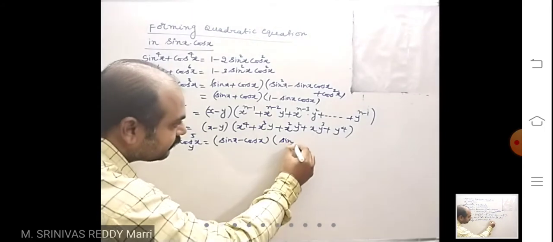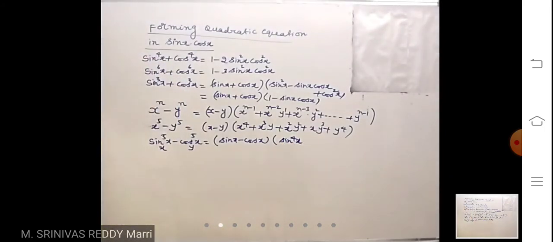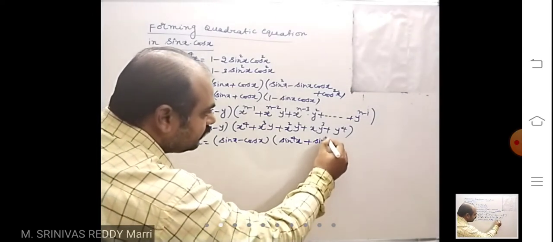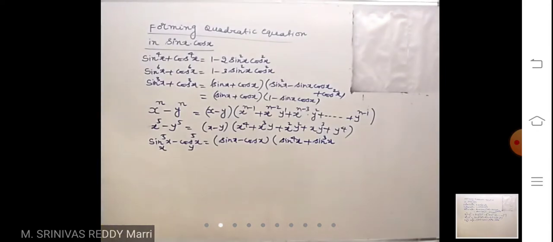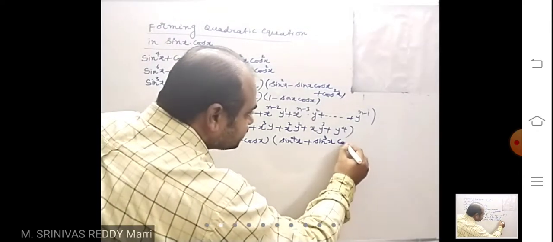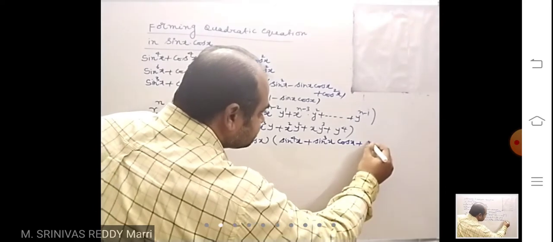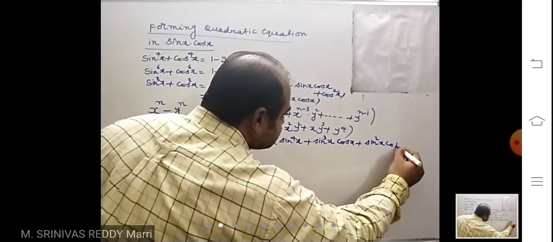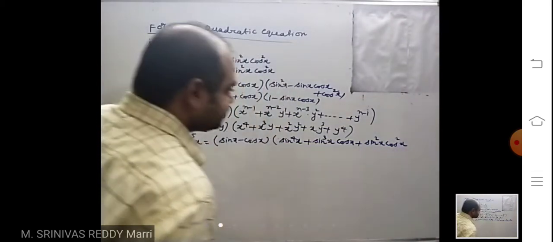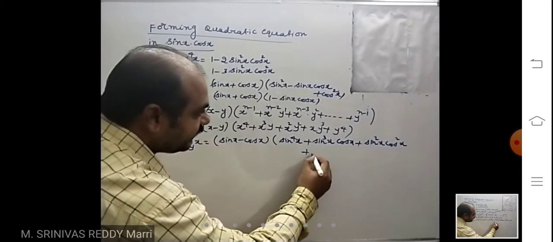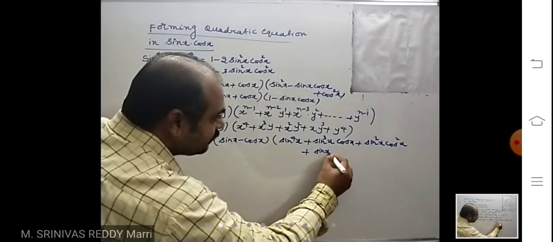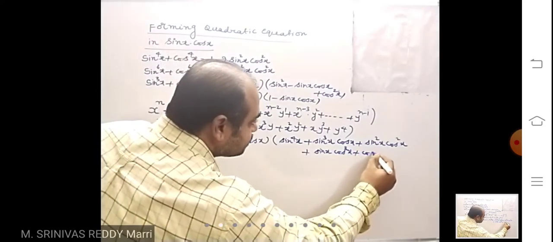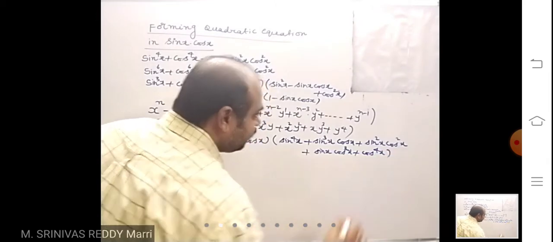This is nothing but sin power 4x plus sin cube x, y meaning cos x, plus sin square x cos square x, plus sin x cos cube x plus cos power 4x.